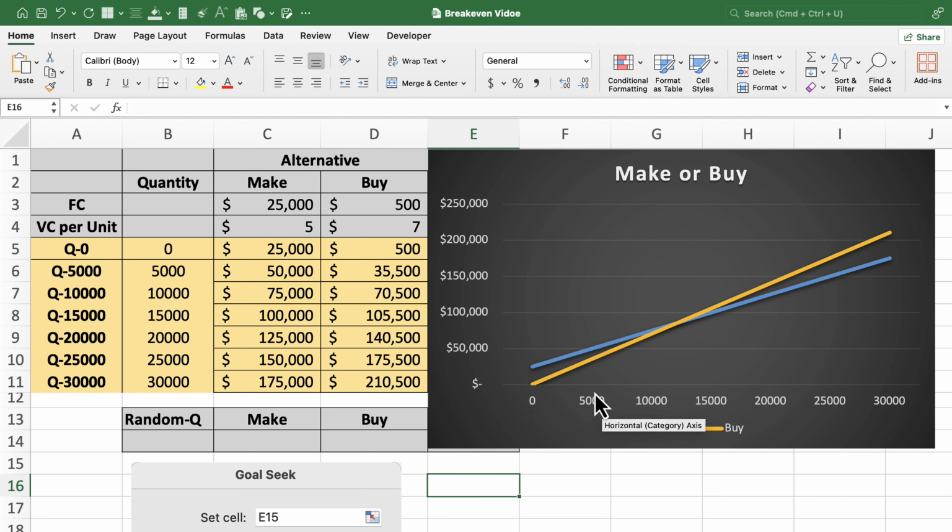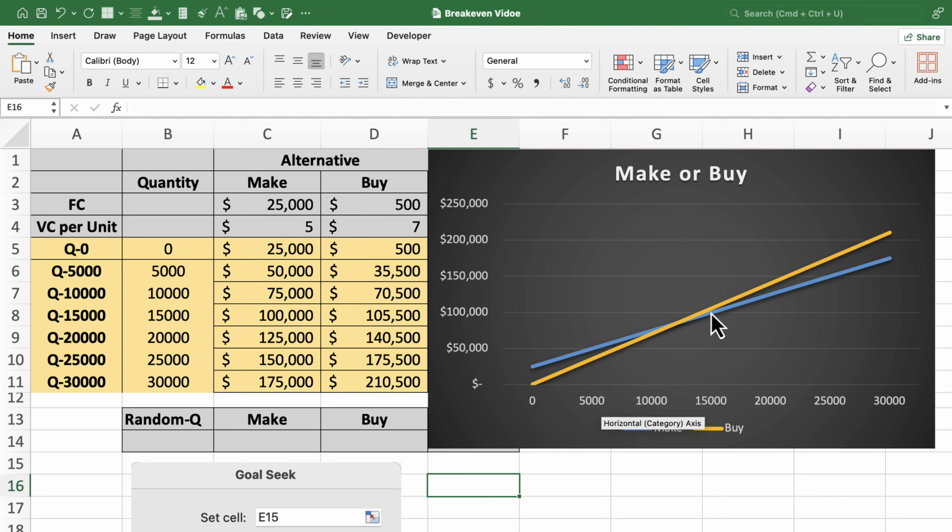So for 5,000 quantity, you can see the yellow line or buy option presents less cost. In other words, for 5,000 quantity, the cost associated with the blue line or make line is greater than the cost associated with the buy option. So the buy option is more suitable. You can also say that the blue line is above the yellow line.